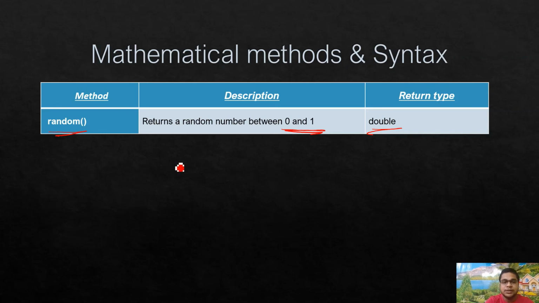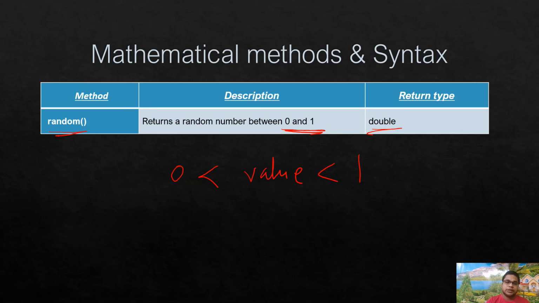It means 0 is less than the value, and the value is less than 1. If you call the random method, the value must be between 0 and 1, and the value's type is double.